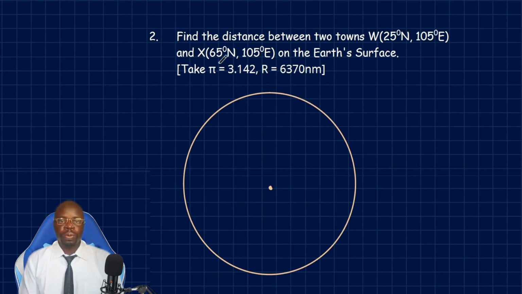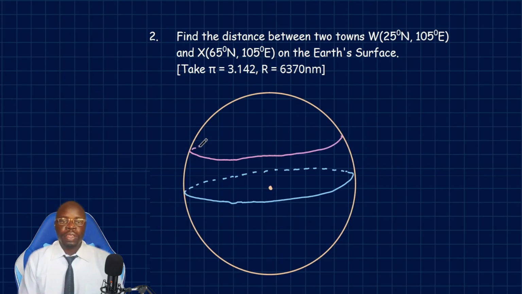We have to locate these 2 points on the globe, and first of all, we need to also estimate our latitude, that is 0 degrees. But if you wish, you can leave it out. For the purpose of repeating, let me do it for you here. So we have to estimate our latitude, and again, we have to see our first point W, and that is 25 degrees north. So 25 degrees north is some maybe distance here, where you can have that estimation.